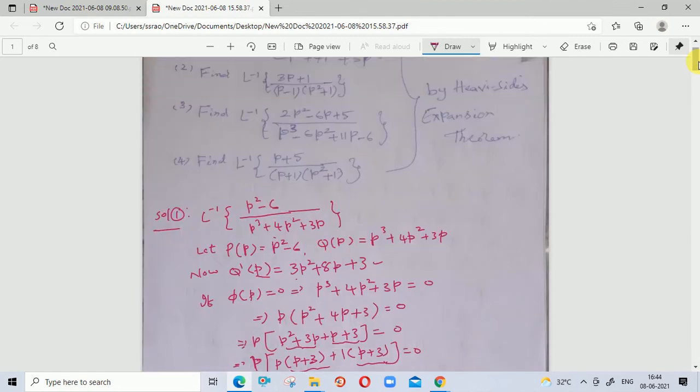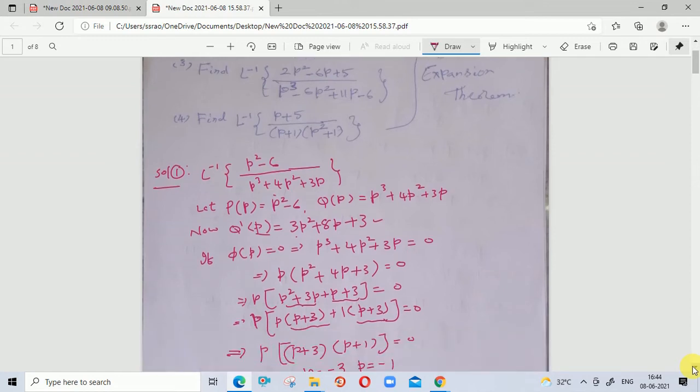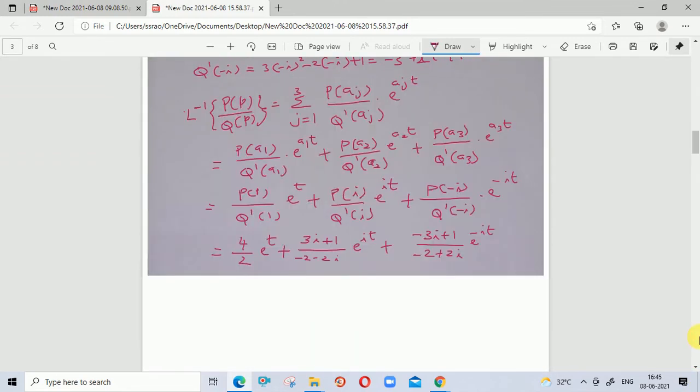L inverse of 2p square minus 6p plus 5 divided by p cubed minus 6p square plus 11p minus 6. So color changes. Now third problem solution.